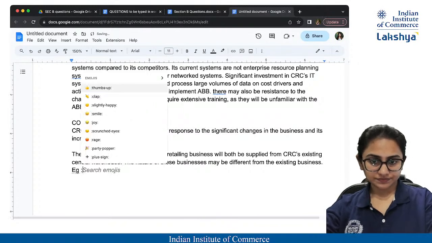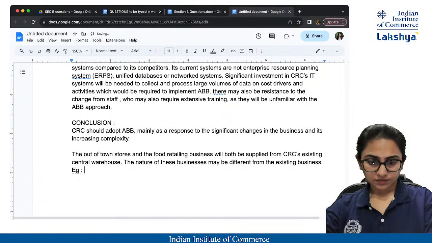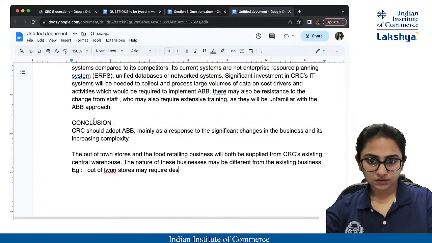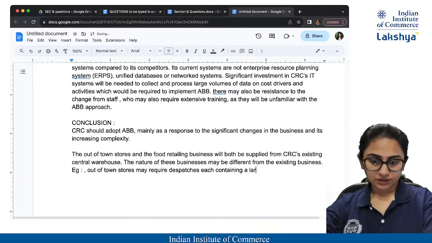For example, out-of-town stores may require dispatches each containing a large number of items from the goods outward section.